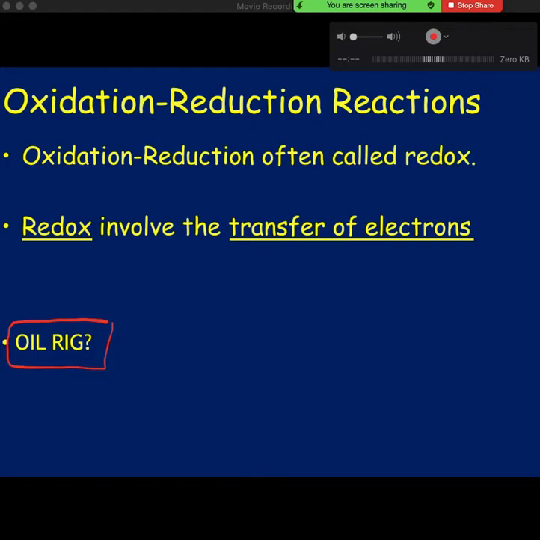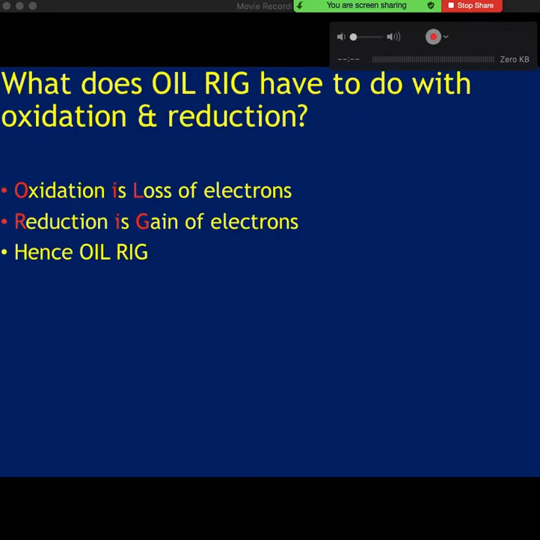Reduction is gain. We talked about this when we talked about pyruvate being reduced to lactic acid or ethanol and carbon dioxide. They will ask you a question that says define oxidation in terms of electrons, so this will be your answer.